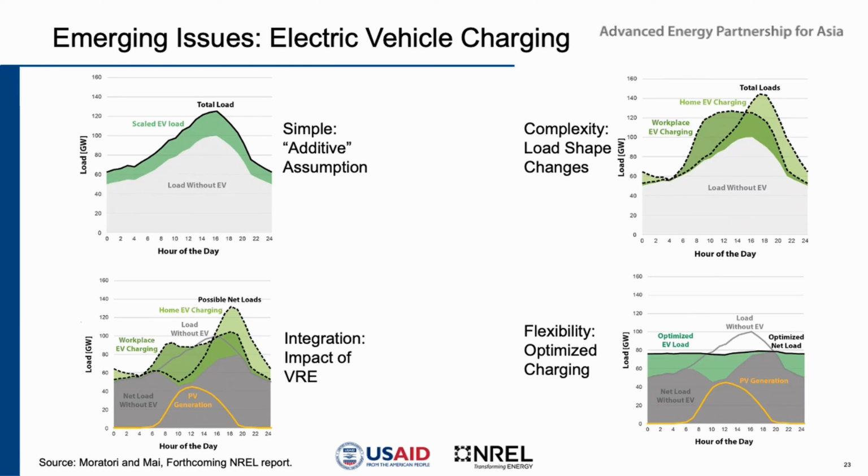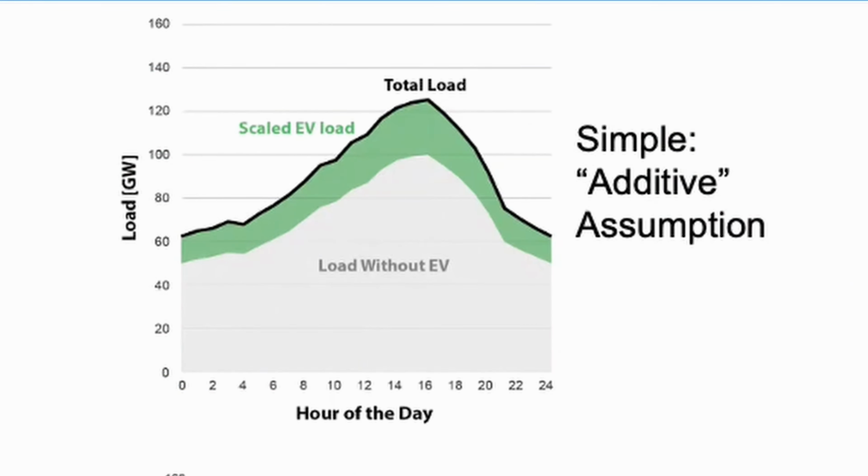In the first example, where we have simple additive assumptions, in the top left figure, we can see that vehicle charging results in basically uniform additional load throughout the day. In other words, the load shape does not change, just the total amount of demand increases.